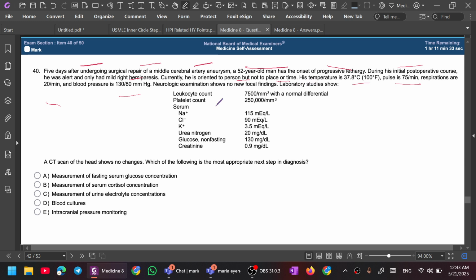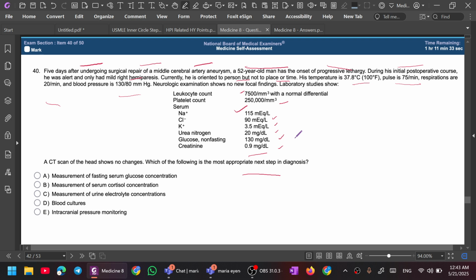No focal findings. Leukocyte 7,500, platelet count 250,000. Sodium is low. Chloride is low too. Potassium normal. BUN 20. Glucose 130. Creatinine normal. A CT scan of the head shows no changes. Which of the following is the next step?